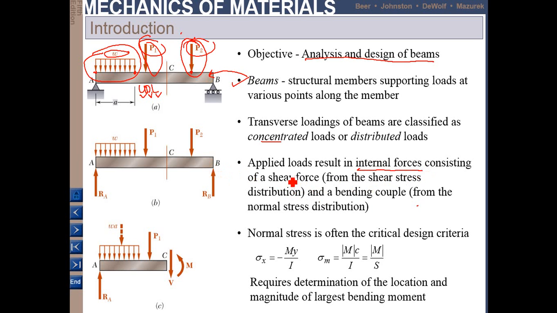Similar to the previous chapter, where you had to determine the internal torque, here also you have to determine the internal shear force. Normal stress is often the critical design criteria. The maximum stress is determined by moment times c, the maximum radius, over I. I is the moment of inertia.